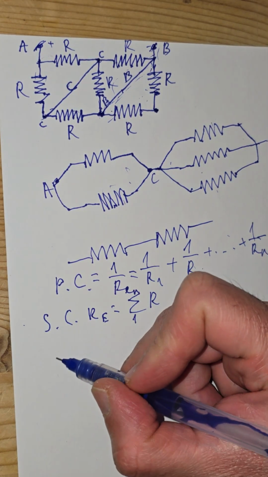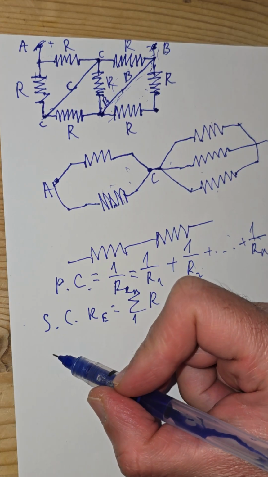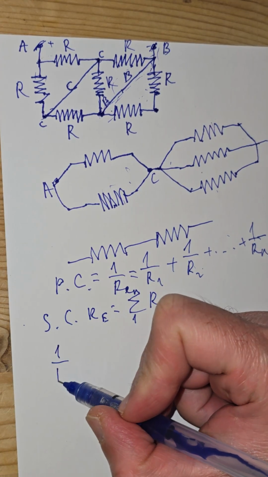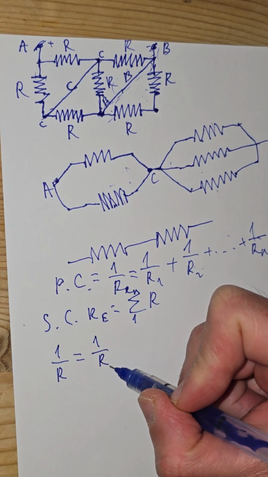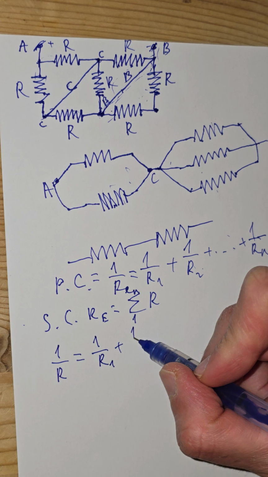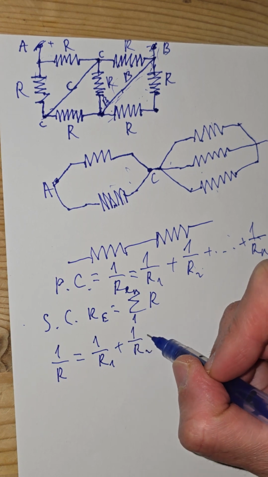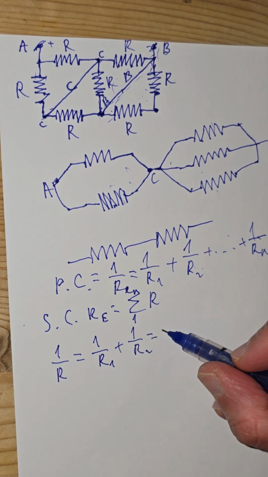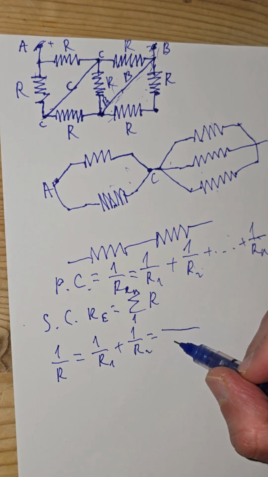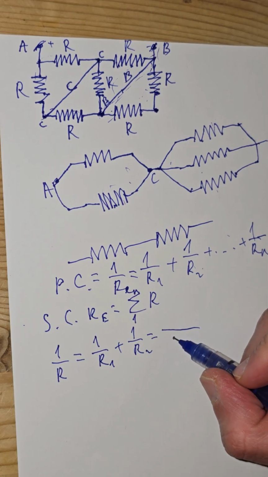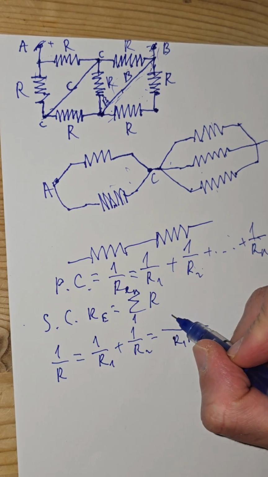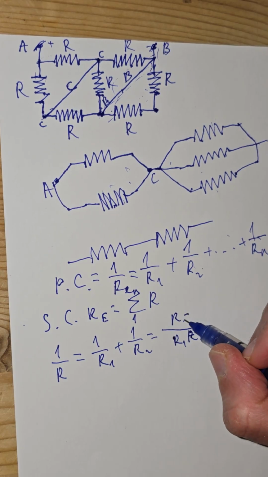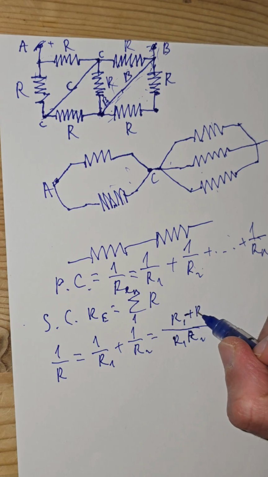Now let's calculate. Here we have two resistors. 1 over R is equal to 1 over R1 plus 1 over R2, and it is equal to R1 plus R2 over R1 times R2.